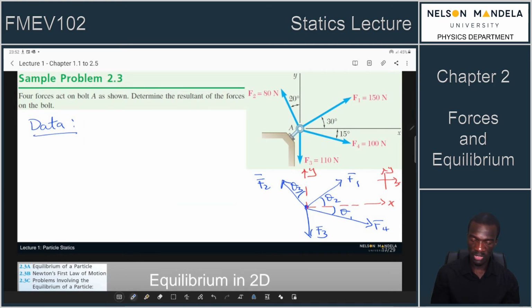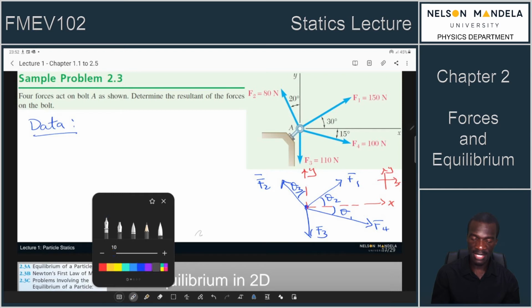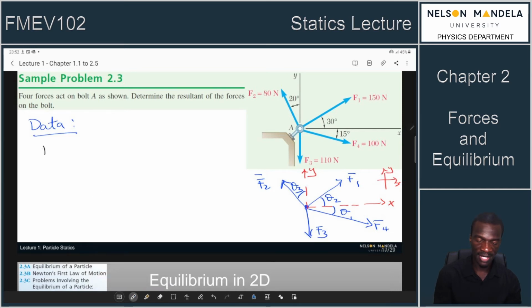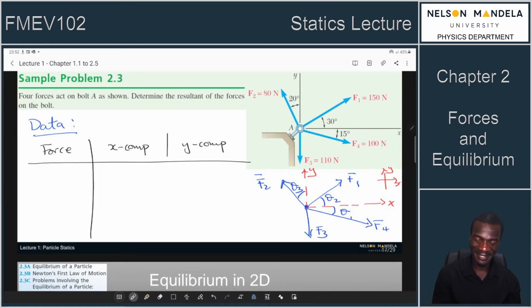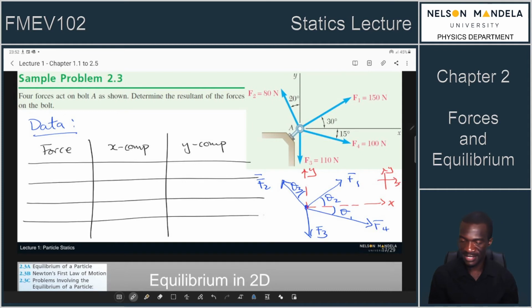So what you will be doing basically in this calculation is to identify the force, its x component, its y component. You've done this many times, so my assumption is you will simply ace this. So you've got F1 up to F4. What is the x component of the force F1?